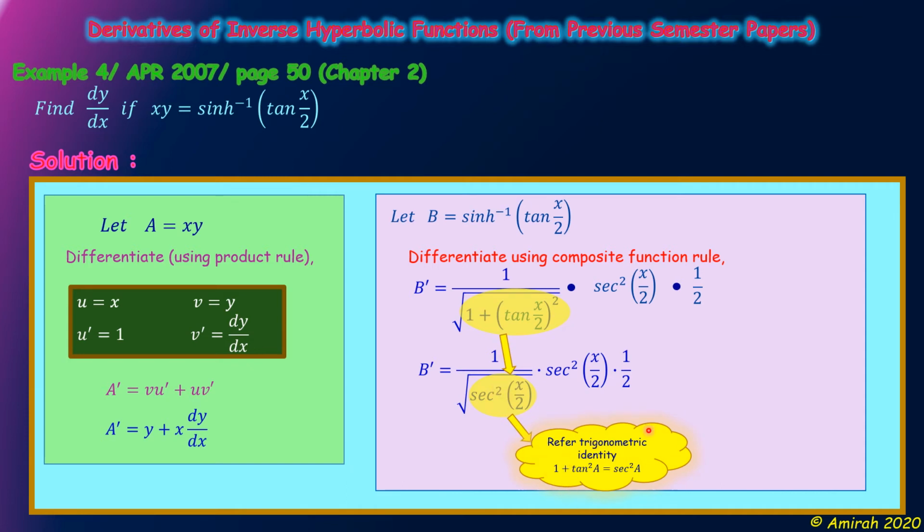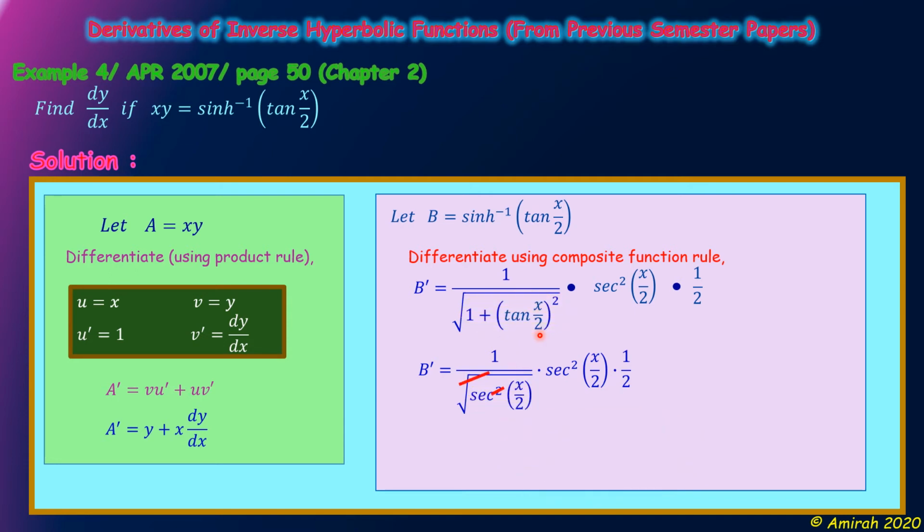From the trigo identity, we have 1 plus tangent squared A equals sec squared A. Now our A is x over 2 here. So if we have 1 plus tangent squared x over 2, we can write sec squared. Our A now is x over 2.